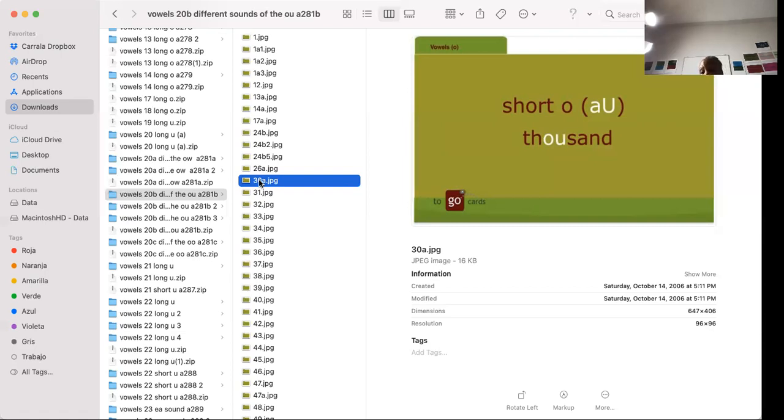It just means it's not the long O. The long O is always when the letter says its name. So it can either be A, E, I, O, U. Everything else and every other sound is considered short.